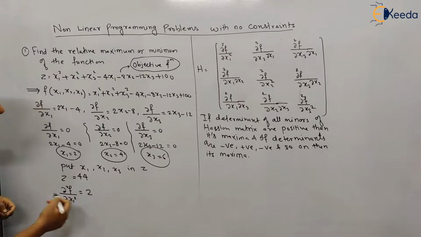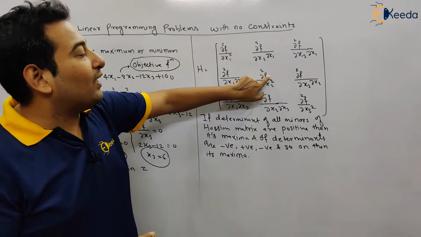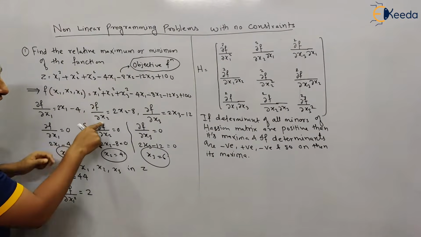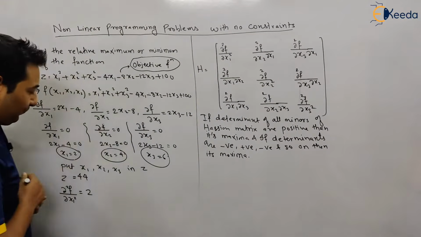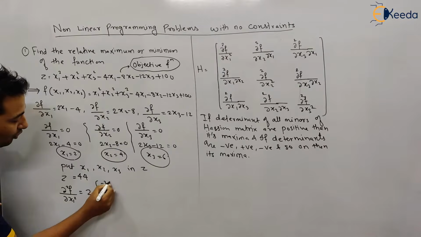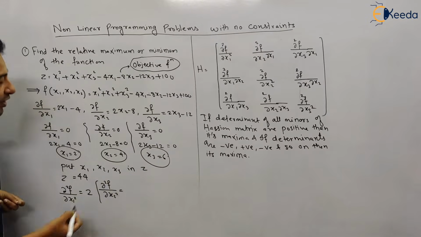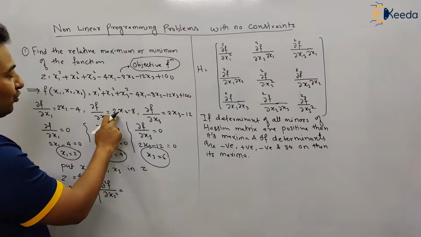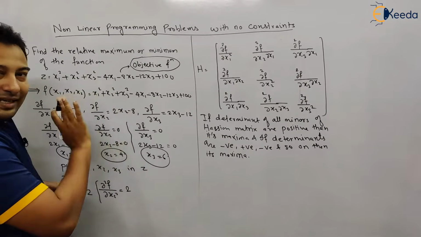What else? The next term I want is ∂²f/∂x2². That means I'm going to again differentiate this term with respect to x2. Therefore, ∂²f/∂x2² equals, if we differentiate this term with respect to x2, here it is 2, since the x2 derivative is 1 and the derivative of minus 8 is 0.